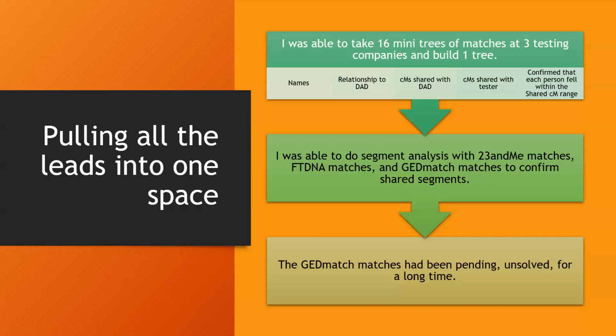So when I say that I have a research report for every single question that I have, there were piles of research reports for these other GEDmatch matches. People would reach out to this tester and she would say to me, I don't know who these people are, and I can't figure out how they're related to me. And once we were able to determine that there was some misattributed parentage, we were able to clear all those GEDmatch matches that were actually related to her, and we didn't know how.